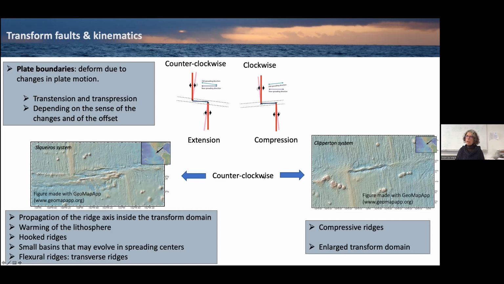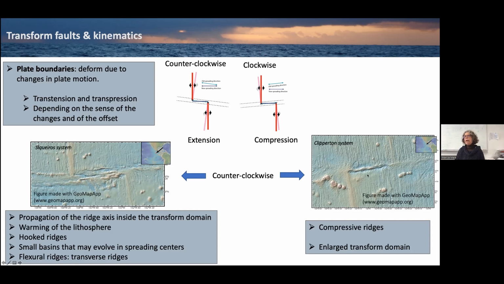So these are two examples of a counterclockwise change in plate spreading with two opposite senses of the offsets, the Siqueiros and the Clipperton. In one, we induced extension with creation of small pull-apart basins that evolved into small intra-transform segments, and flexural ridges and hooked features. So this is very typical of transtension along fast spreading ridges.